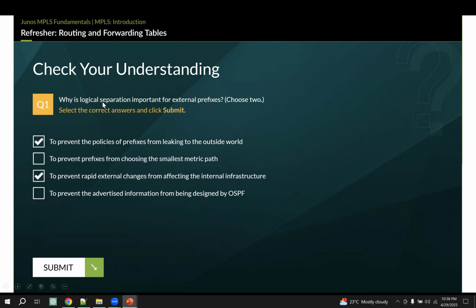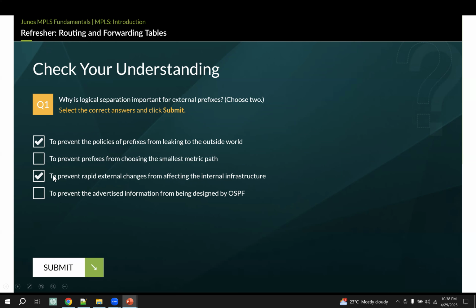So why is logical separation important for external prefixes? To prevent the policy of prefixes from leaking to the outside world or internet. That is one reason. External prefix means it can be received from a customer or from a peer. All are external prefixes.